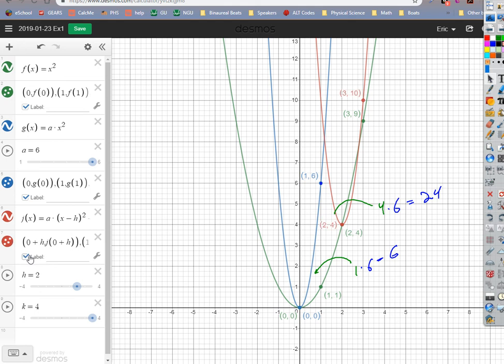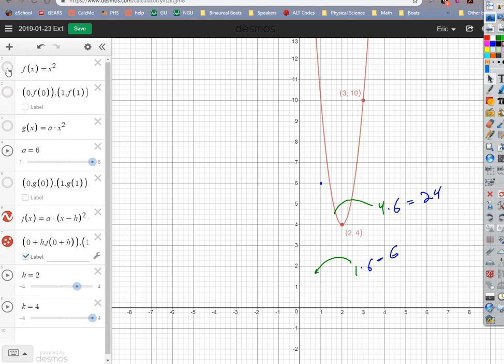Okay. The other points do exactly what you'd expect, right? I know that if I start at the origin, you guys already told me that normally I would go to the right by 1, and I'd go up by 1 and be there, but we had to multiply that 1 times 6, so instead I'm going up 6, right?